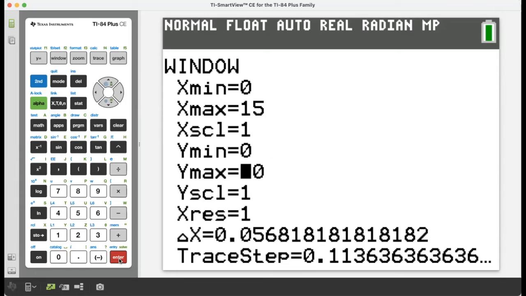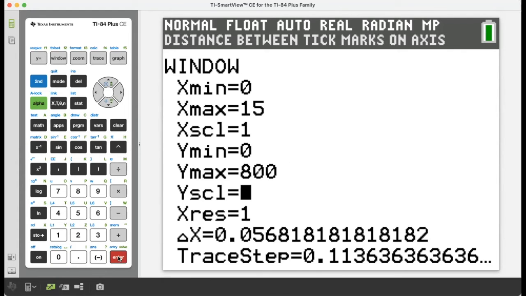I could just put 350 and I'd be able to see what I need to see, but I want to see the whole parabola. It makes you feel more comfortable when you can see the entire flight of the rocket. So I'm going to put in a really big number, 800, and I'm going to make my scale 50. So each tick mark on the vertical axis is 50.